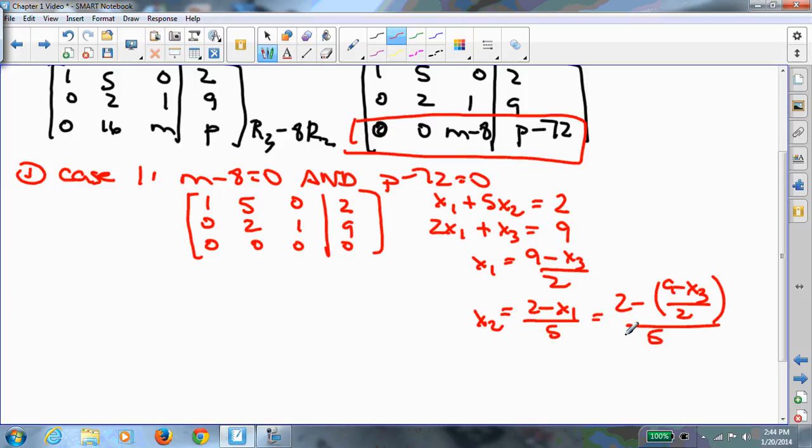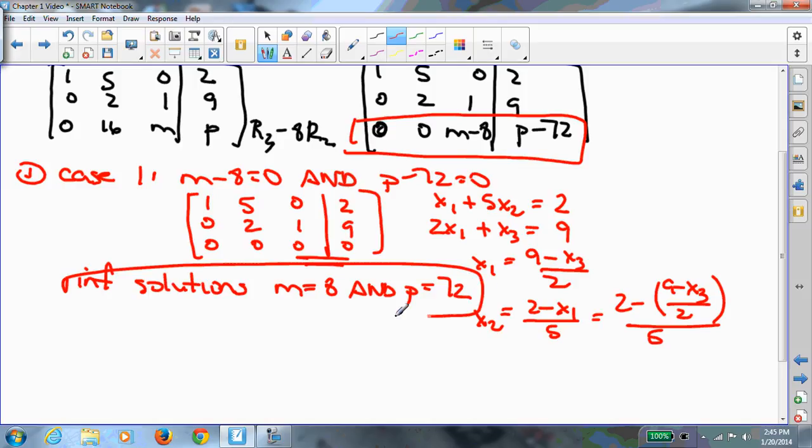So this would generate an infinite number of solutions based on the parameter x3. So infinite solutions are basically when you have this 0, 0 kind of a situation, and infinite solutions if m equals 8 and p equals 72. So there's my first case.